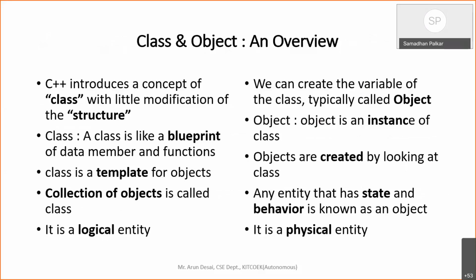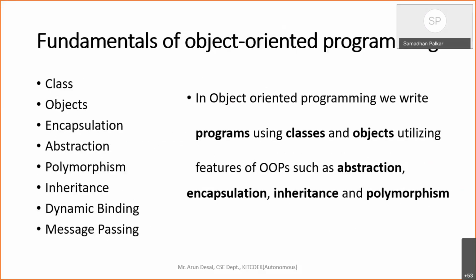So object-oriented programming is an approach wherein we write a program using classes and objects, and we utilize the features available in OOP. This is overall a rough structure for object-oriented programming.